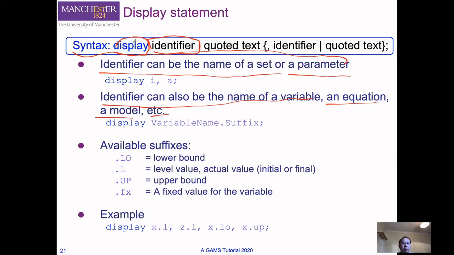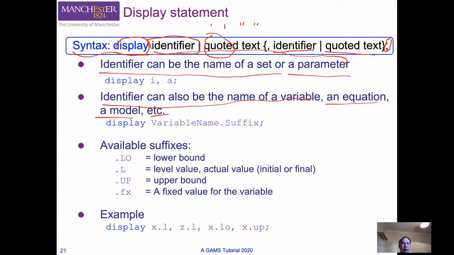We can also use this display statement to display some text. This text should be single-quoted or double-quoted, like this. If we finish, then we should use a semicolon. We can also display another identifier in the same statement. Then we can continue to display another identifier and some other quoted text.